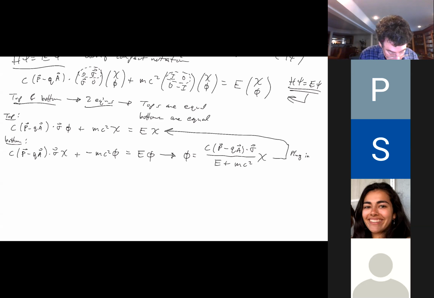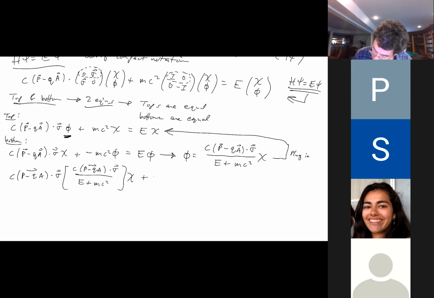When I plug it in for phi, right here, it's going to look like this: c times (p minus qA) dot sigma, and now I plug in for phi, c times (p minus qA) dot sigma over E plus mc squared, chi, plus mc squared chi equals E chi.